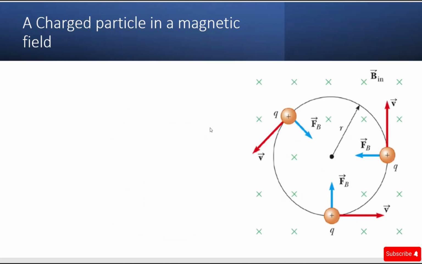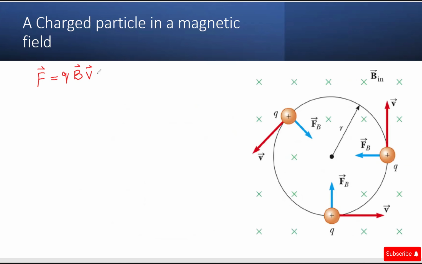With this understanding, we can go ahead. From the equation of the force on a current carrying wire, we can go to the formula F is equal to a charge, let's say small q, times magnetic flux density times velocity of our charged particle.